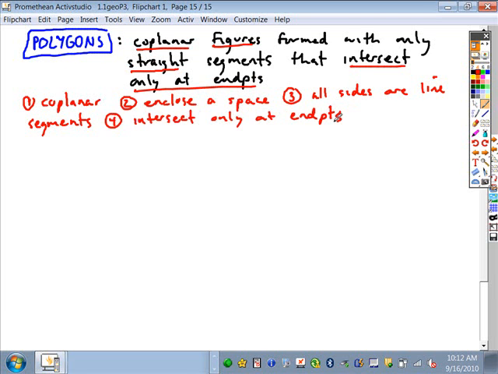Okay, so when you look at a polygon with 3 sides, if you take 3 points, A, B, and C, and you connect those 3 points with straight segments that are coplanar, they completely enclose a space, and they intersect only at their endpoints, you have the triangle.